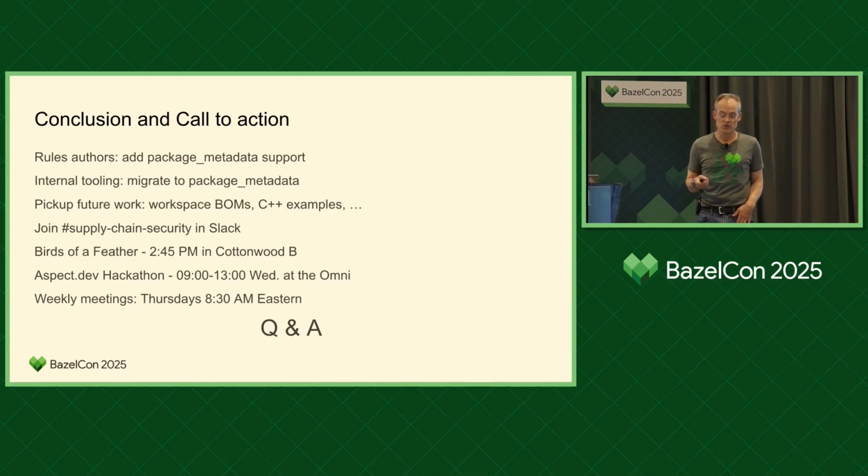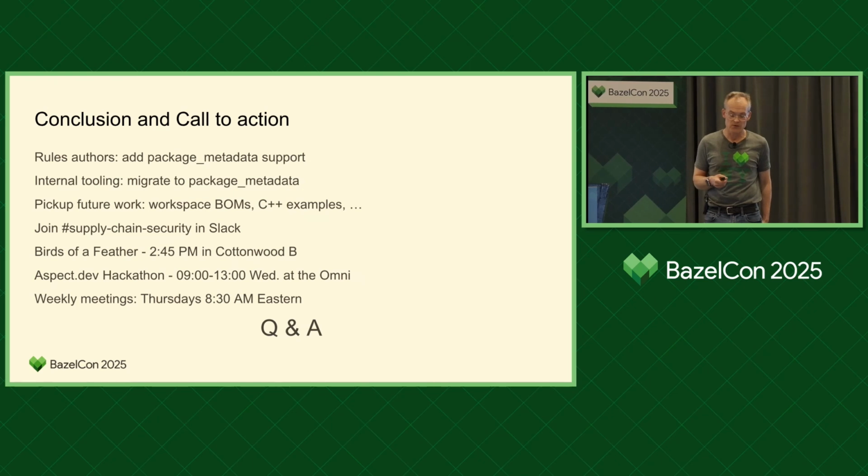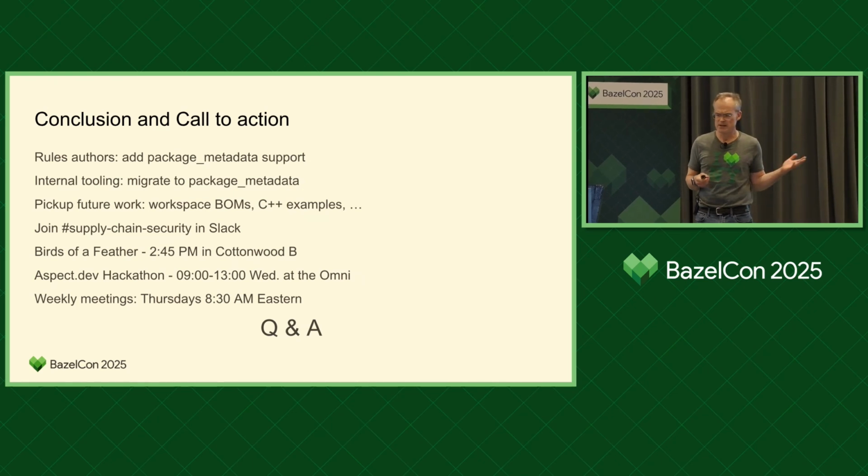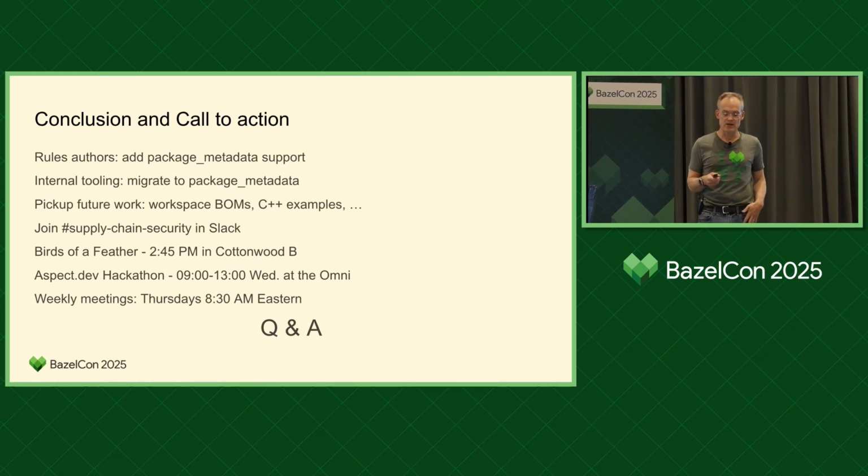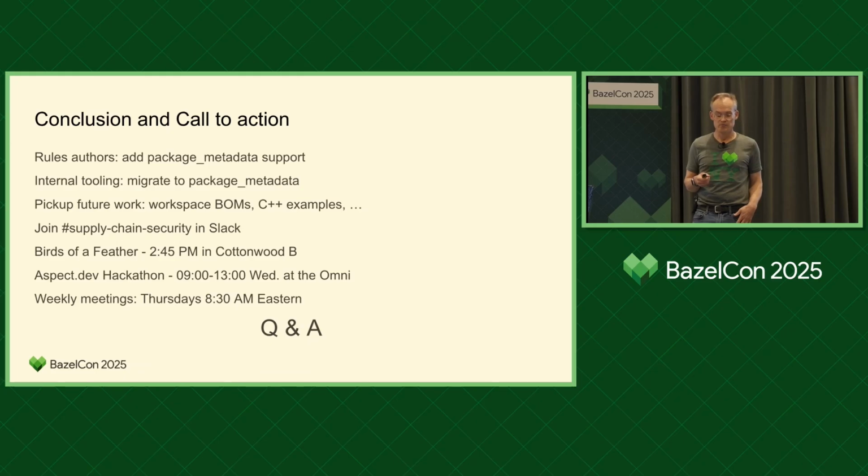This afternoon at 2:45 in Cottonwood B, we have a Birds of a Feather session to discuss all of this work. In the supply chain security Slack channel, there's a Google Doc where you can add agenda items for the Birds of a Feather if you'd like. A couple of us, at least me, will be at the Aspects Hackathon tomorrow morning. Please come if you have something you want to work on. We have, as Tony said, had weekly meetings.